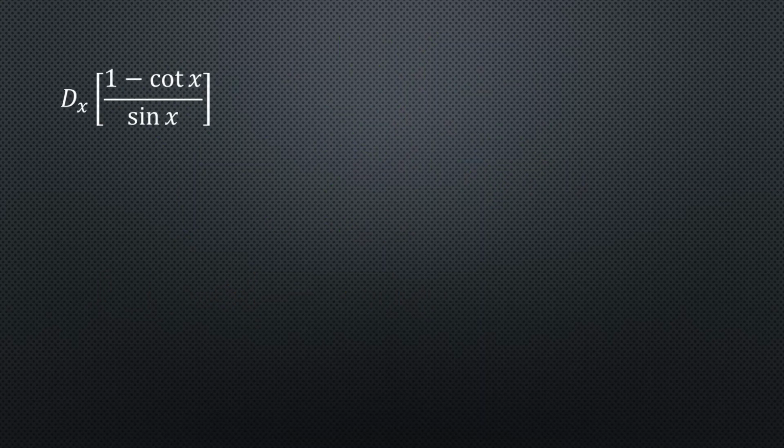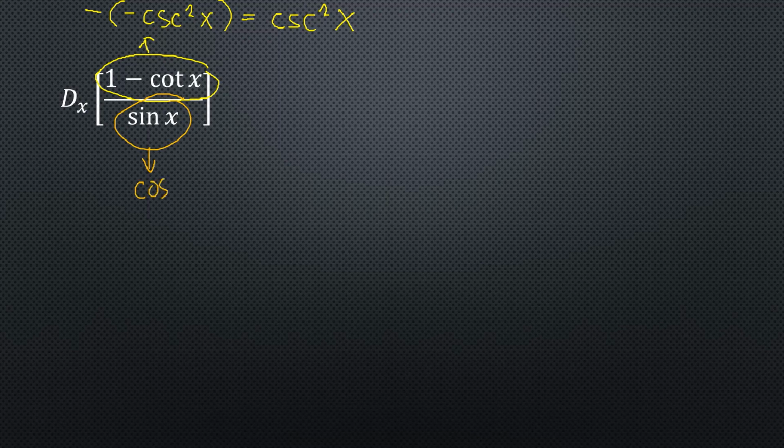This is also a quotient rule. 1 over cotangent x, when you get the derivative of this, the derivative of 1 is simply 0. So we have negative of negative cosecant squared x, which is positive cosecant squared x. However, the derivative of sine x is simply cosine x. Now we're ready for the substitution.